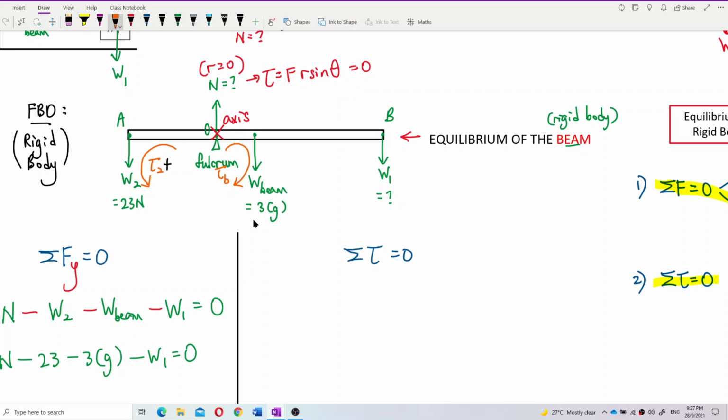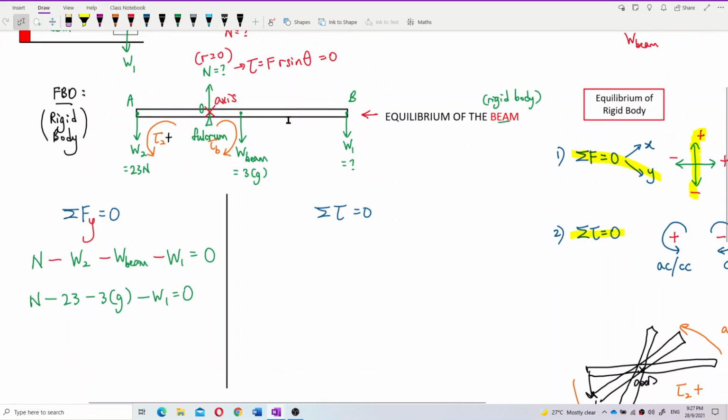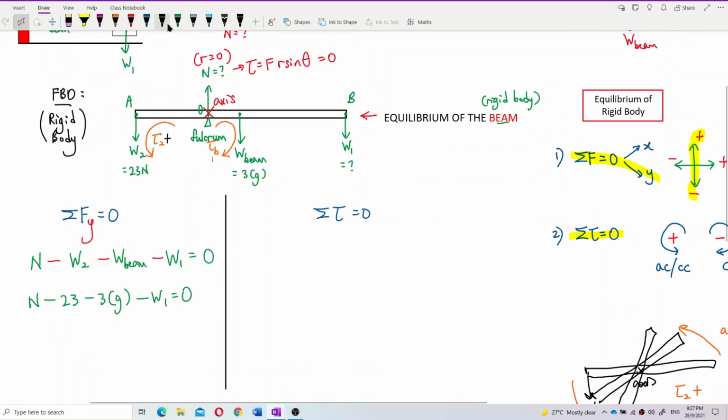Is this a positive or negative torque? You see this is a clockwise torque. If you don't understand, let me draw it out. This is the beam. This is the axis of rotation. I pull it over here. This is the W beam. After some time, this object will rotate.